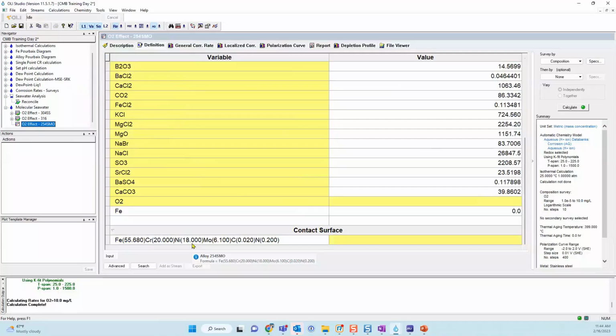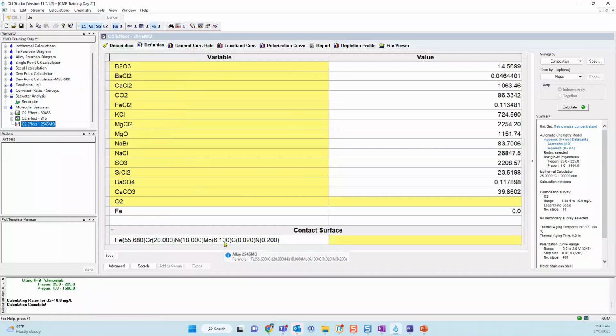And it also has molybdenum. So this new metallurgy has molybdenum. And molybdenum is known to add inhibition or passivating properties to the alloy.